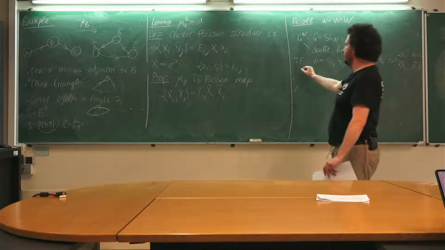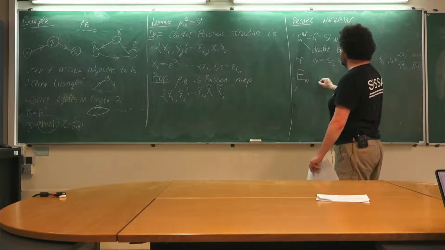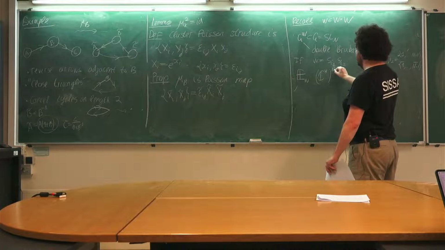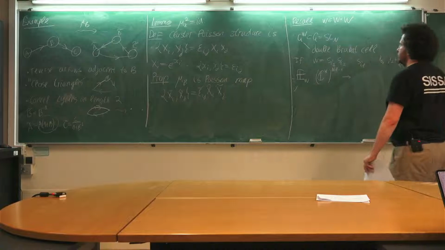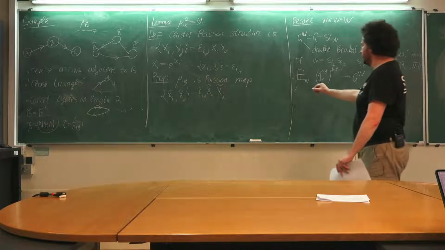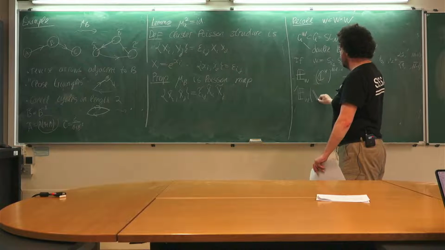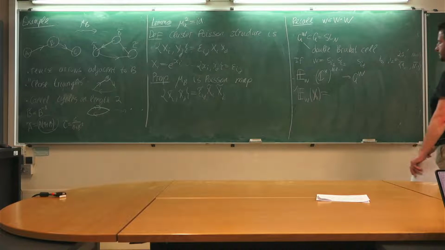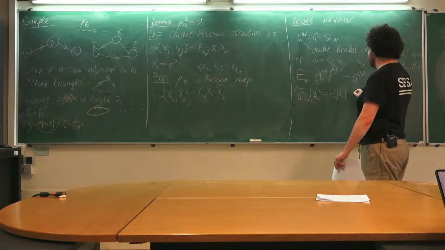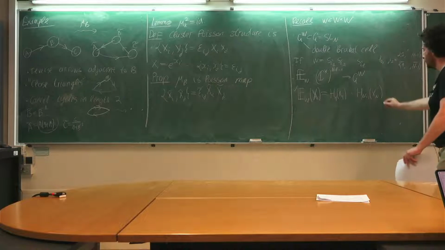Then we defined a map E_W from C star in some power n plus L minus 1 to GW by the formula: E_W of X is equal to, first we take some product of Cartan elements, H1 of X1 through H_{n-1} of X_{n-1}.